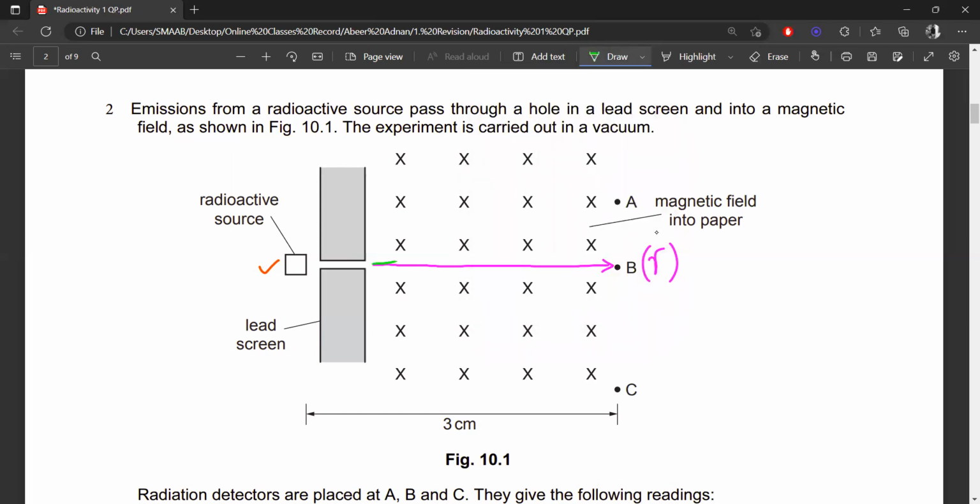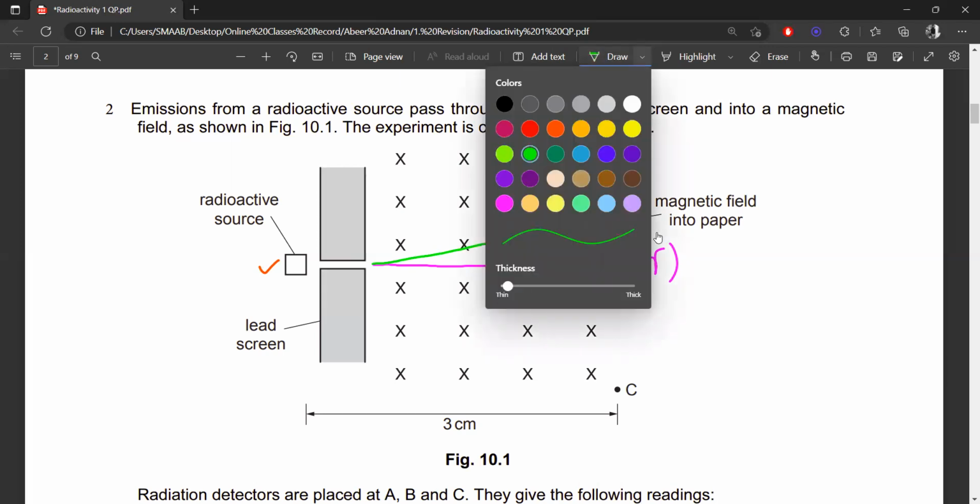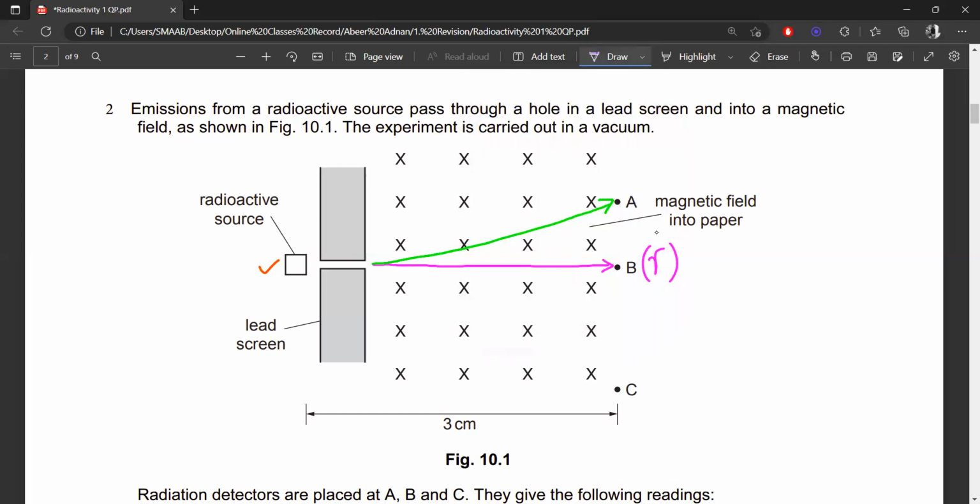One is going upward at A and the other is going downward at C. If you remember the properties of alpha, beta, and gamma, alpha is greater in mass as compared to beta, and alpha is the heavy particle as compared to beta and gamma. So the deflection of alpha is less than the other radiations.